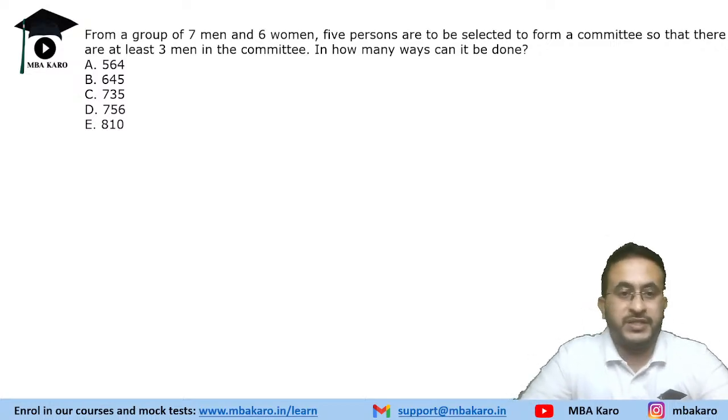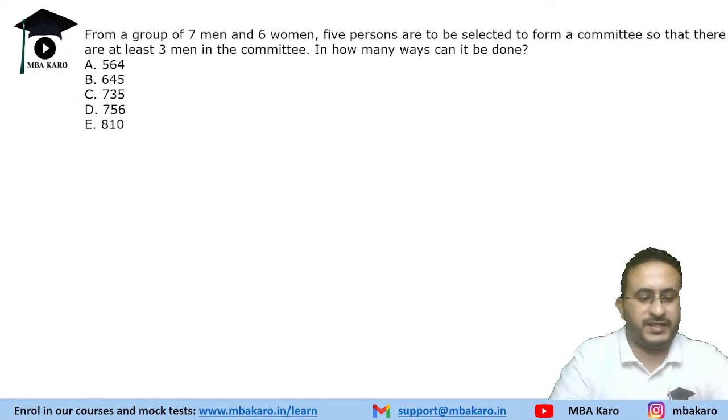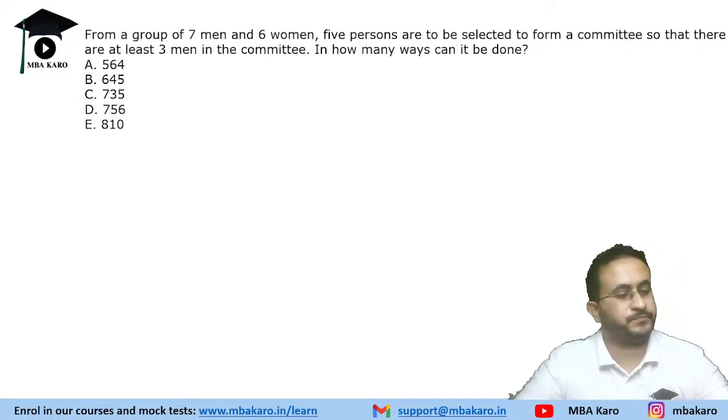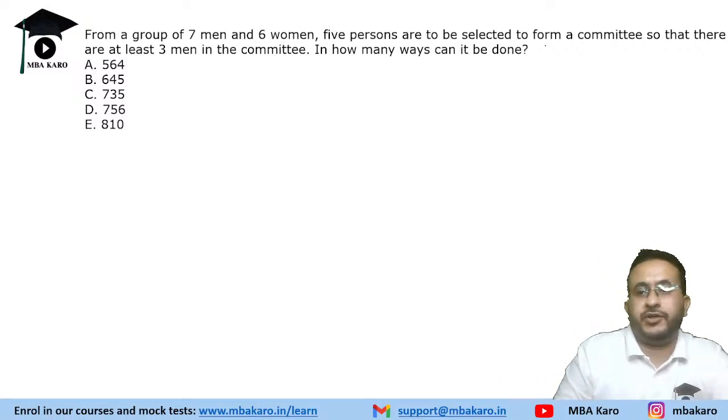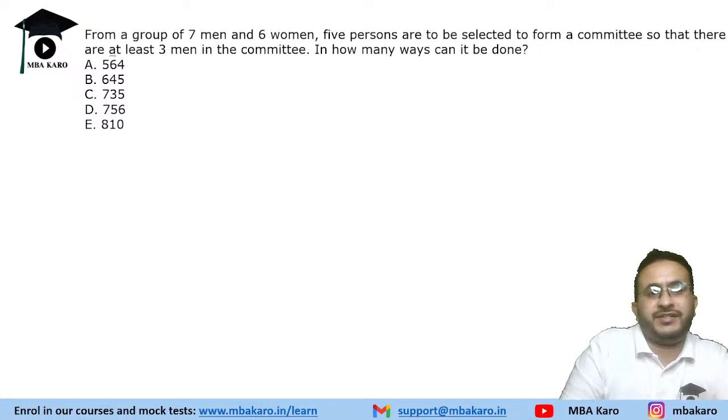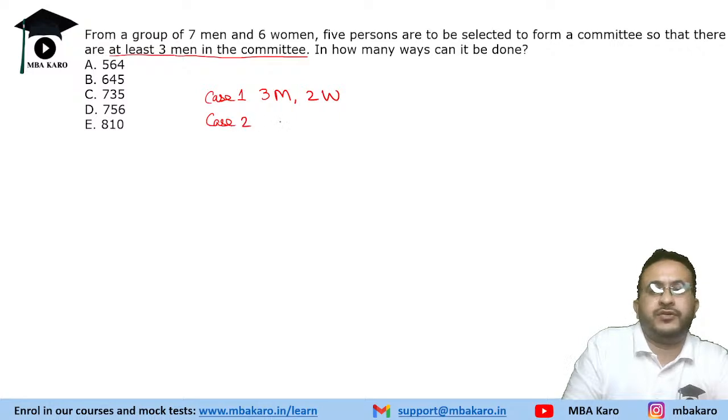So let's see this question, right? So there are seven men and six women. Five persons are to be selected. There are at least three men in the committee. So there are cases. Case one is three men, two women. Case two is four men and one woman.